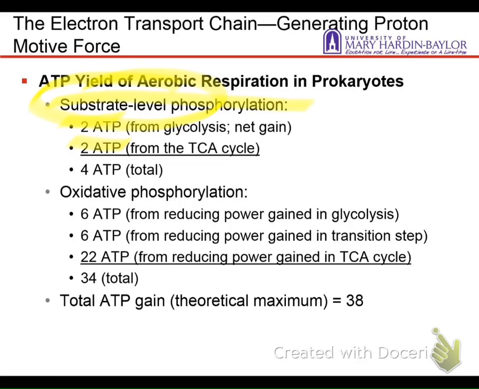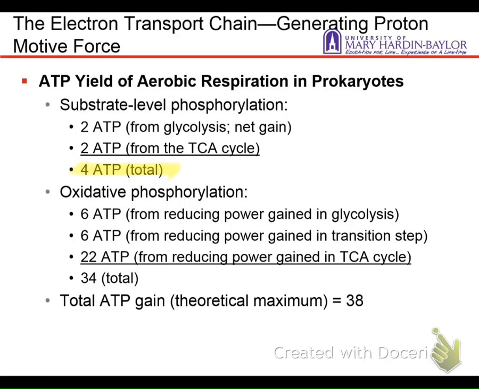That's the simple definition of substrate level phosphorylation. There's a number of substrates that can do that. You've seen 3. There's 2 different ones in glycolysis, and there's 1 in the TCA cycle that can be used for substrate level phosphorylation. So out of substrate level phosphorylation from those 2 processes, we get a total net gain of 4 ATP.